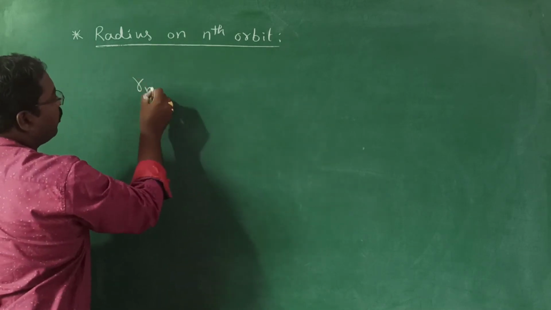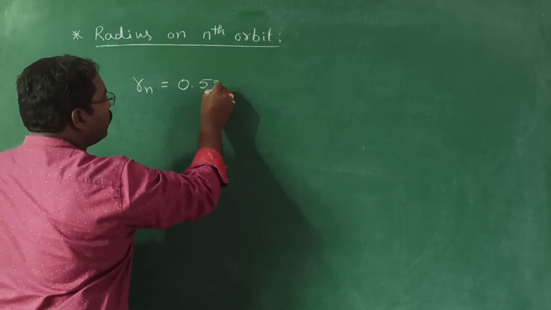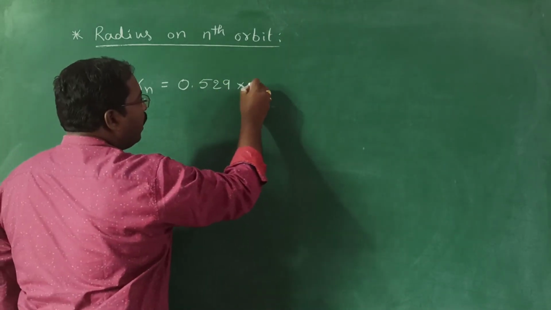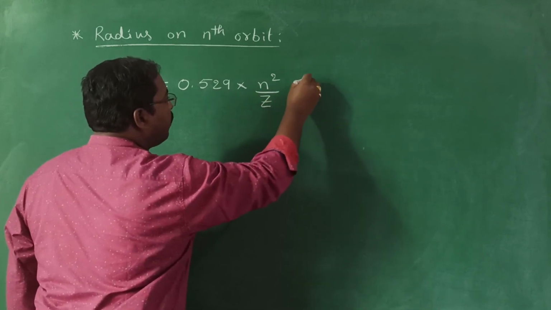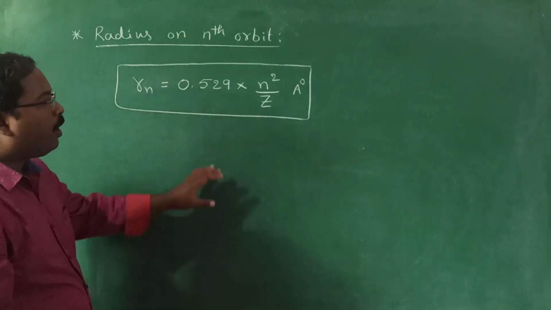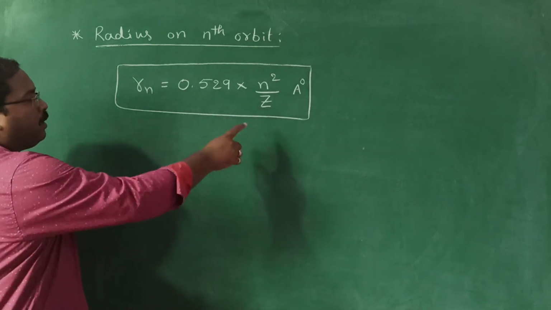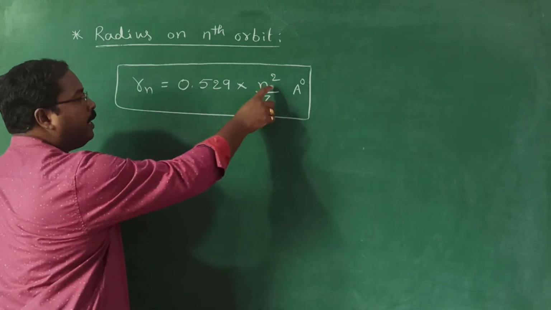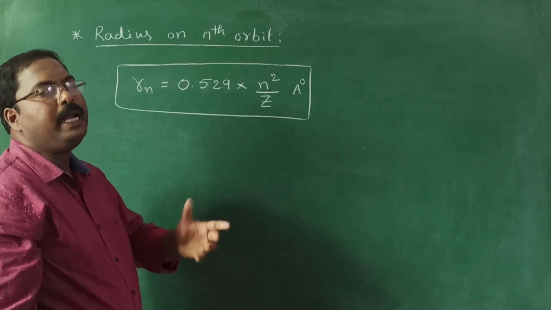The radius of the nth orbit formula is 0.529 into n square by z, and the unit of radius is angstroms. This is the main formula we are going to use to solve the numericals. It is 0.529 into n square by z, where n means the orbit number and z, we know, is the atomic number.